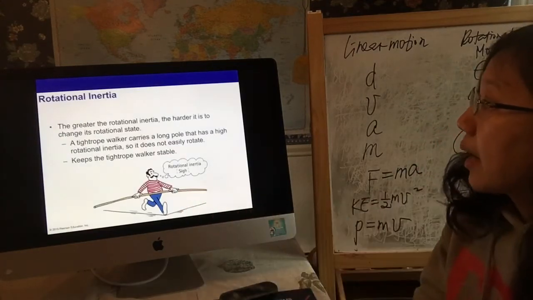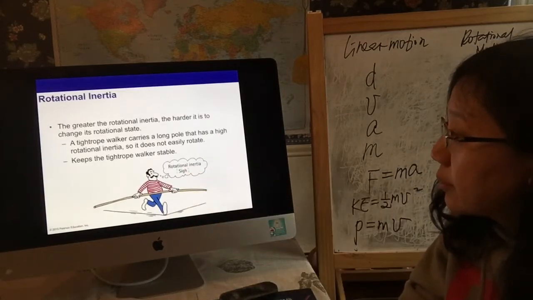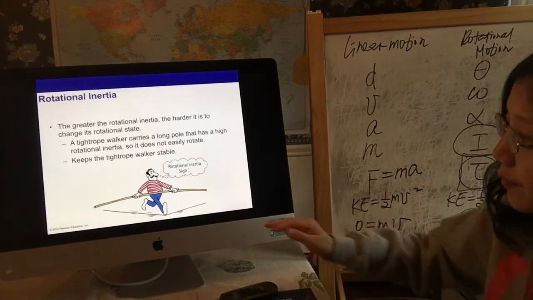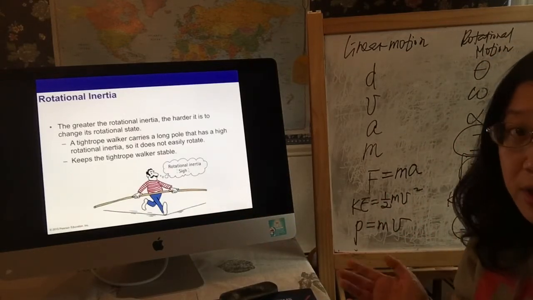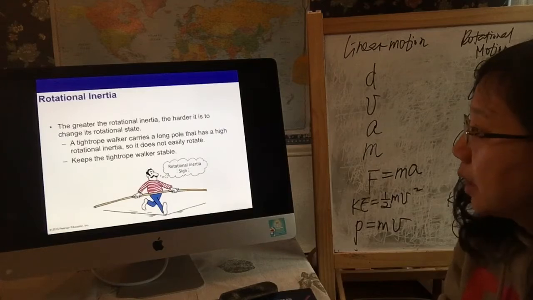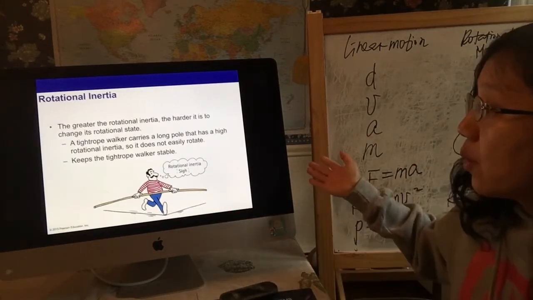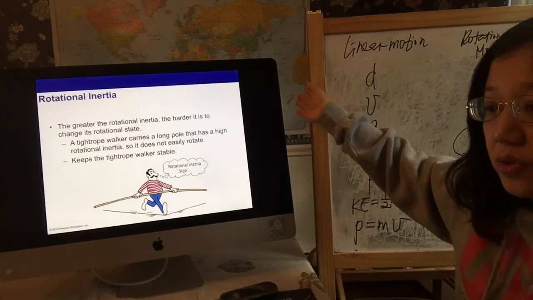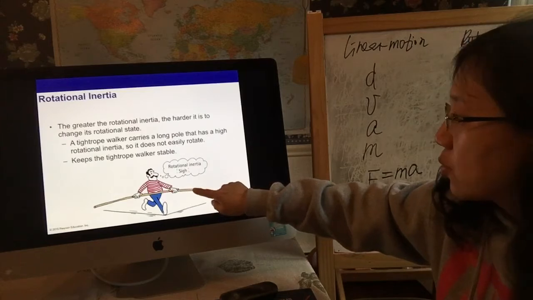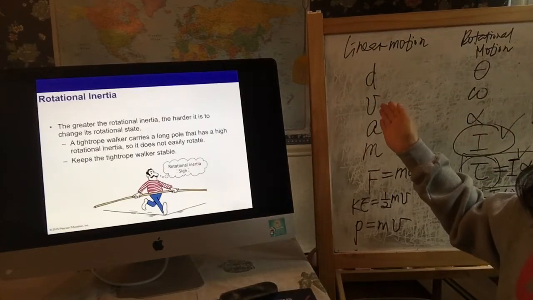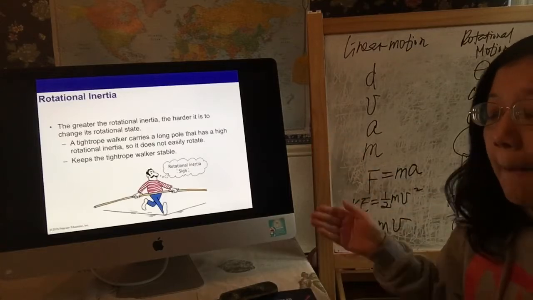For example, for this tightrope walker, without this rod, he's going to be much easier to rotate, to fall. But if he carries a long pole, that extends the mass distribution. So you can see here the mass distribution is further away, which makes the rotational inertia bigger.